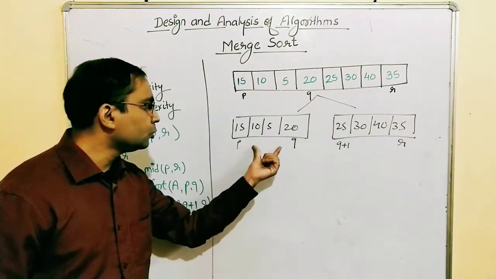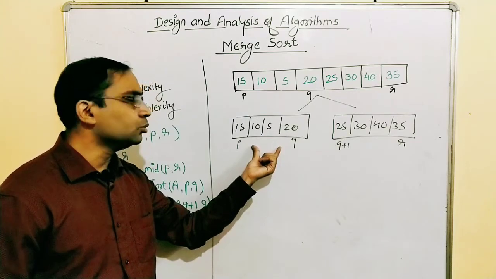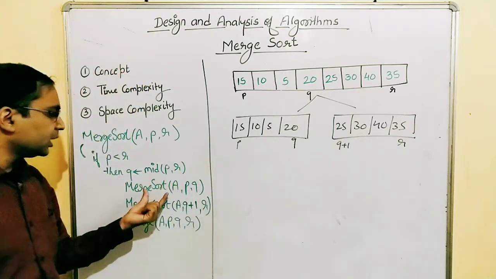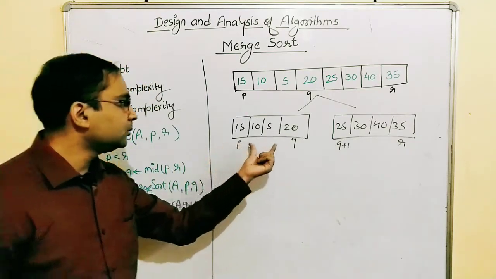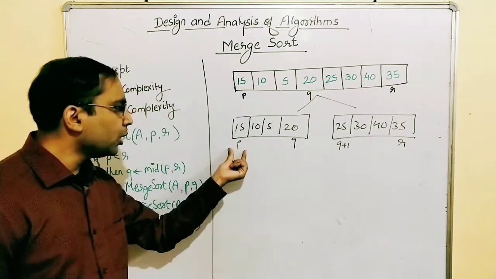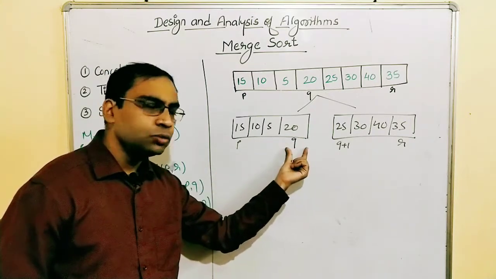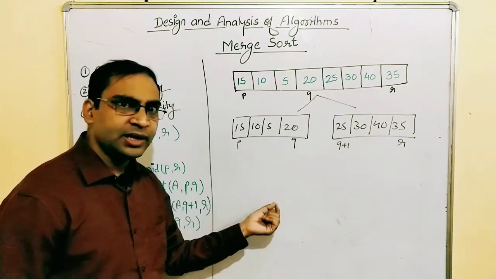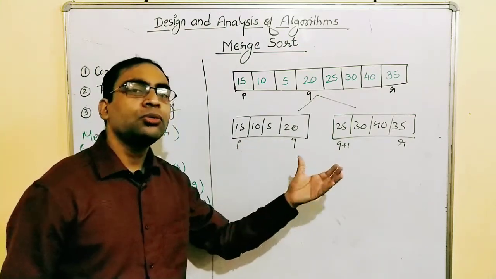Now we need to go to the left-hand side and do this again because we are calling this recursively. This is the low end P, this is the higher end Q, and again we'll find the mid element and divide this into two smaller subsets.